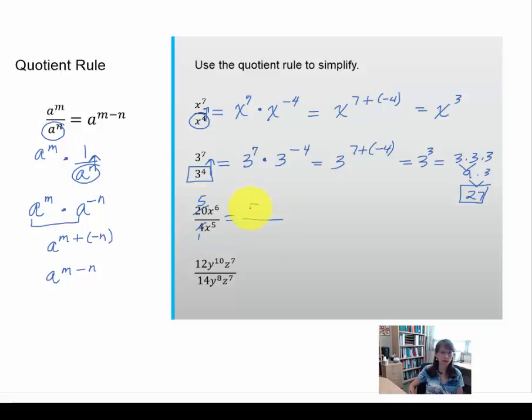So I know that 5 will be in the numerator, 1 will be in the denominator. Now I'll work with the variable bases. Well, x is our only variable. According to our quotient rule, I can take the term that's in the denominator and shift it up, and the exponent of positive 5 will be negative 5. So I had x to the 6th, but now I also have x to the minus 5th.